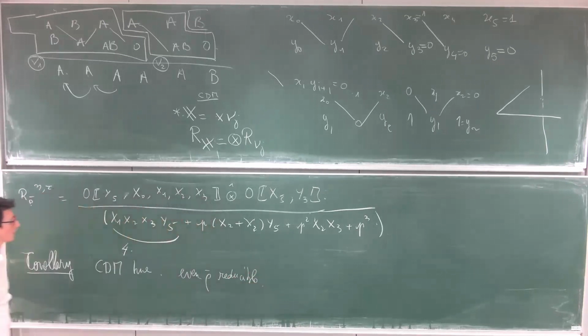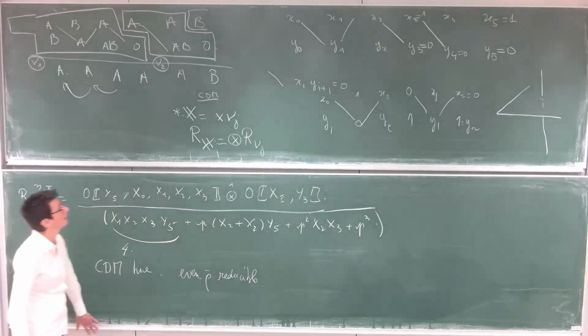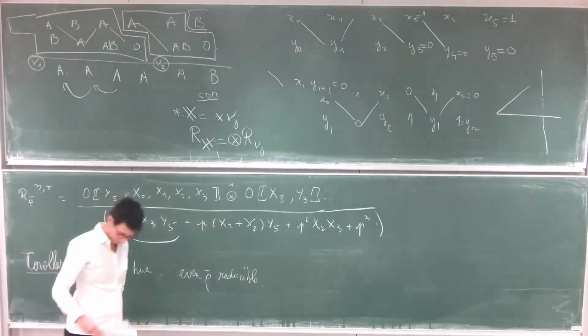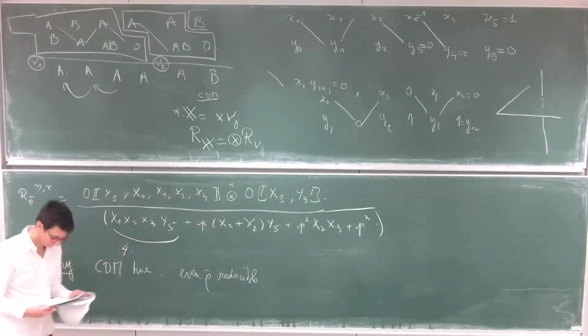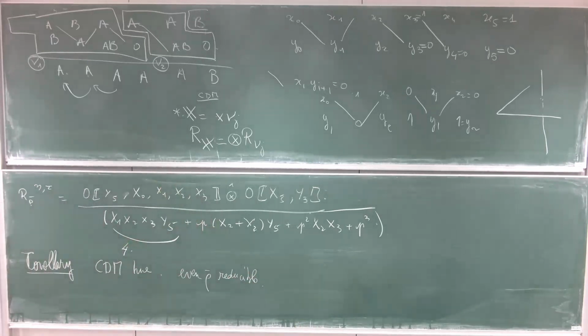There is no gene for reducible, but there is a way to construct it. It does not depend on P. Okay.